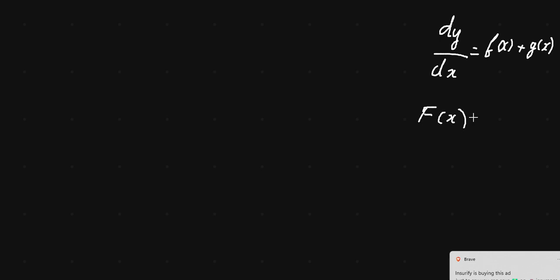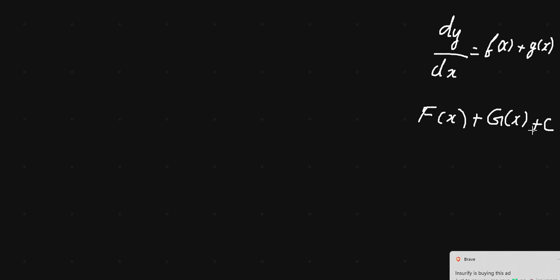If dy by dx equals f of x plus g of x, then we said the way to find the antiderivative is you find the antiderivative of f of x, the first function, then find the antiderivative of the second function, and then add a constant. That is one concept.